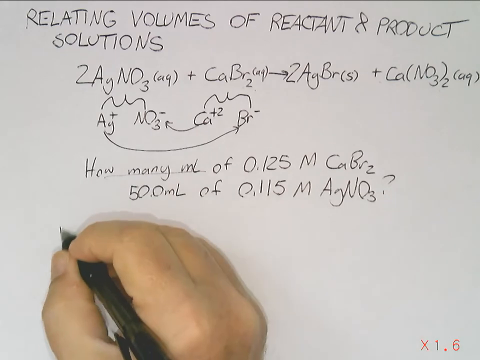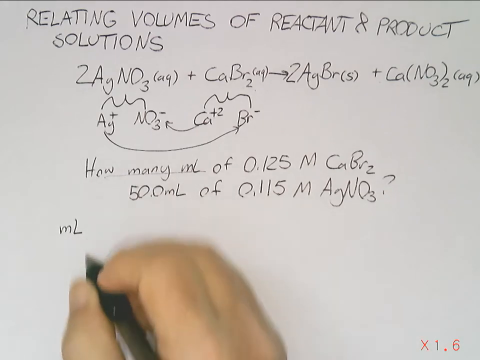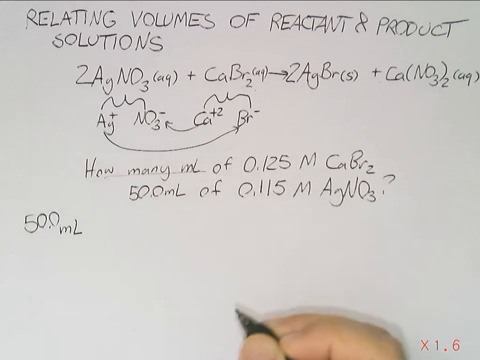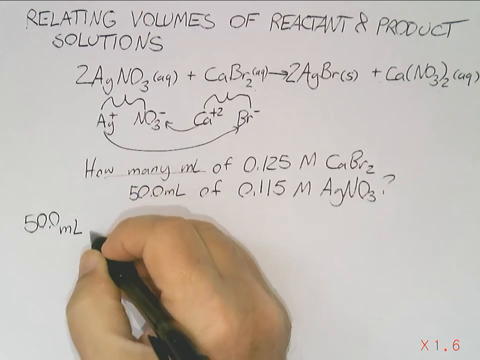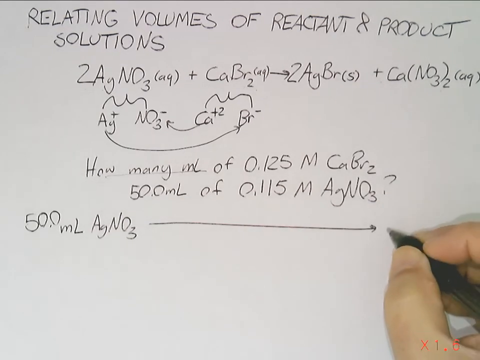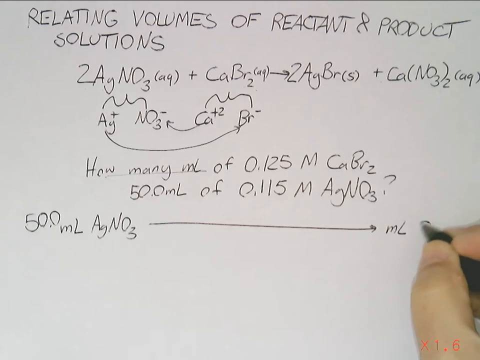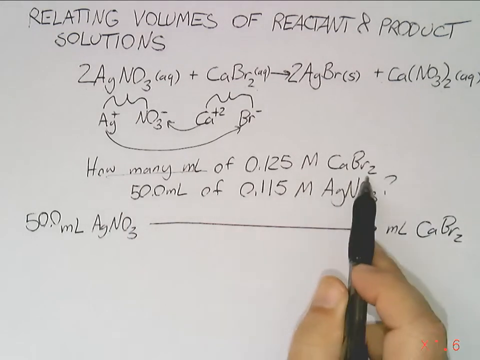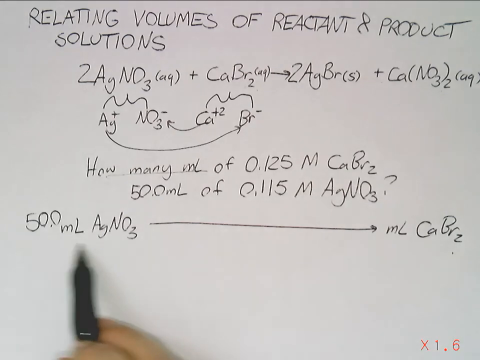So what's my roadmap going to look like? 50 milliliters of silver nitrate solution is going to be converted into milliliters of calcium bromide solution. So this is the solution that I want, the calcium bromide, and this is the solution I've got.